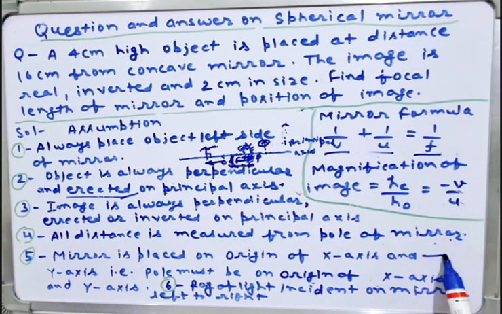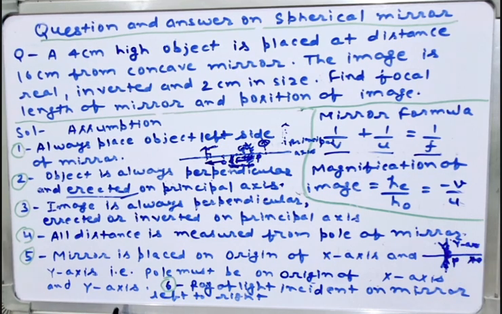While making a distance measurement, you must always keep in mind that the pole of the mirror must coincide with the origin of the x and y axes. See here, this one is the origin, then the pole must be at this point. This one is the x axis and this one is the y axis.